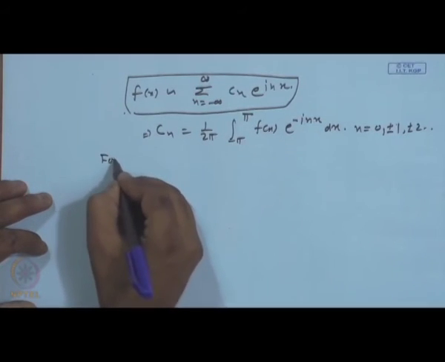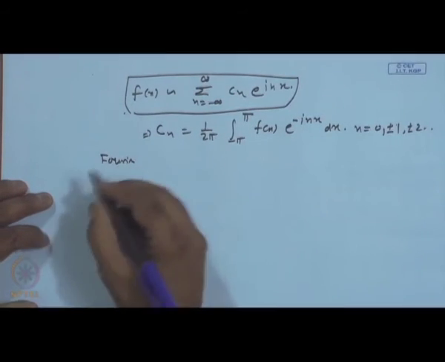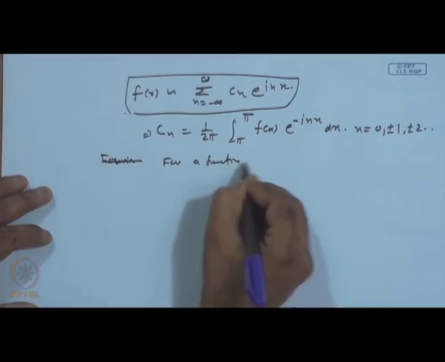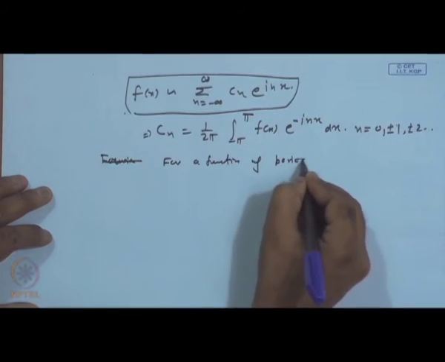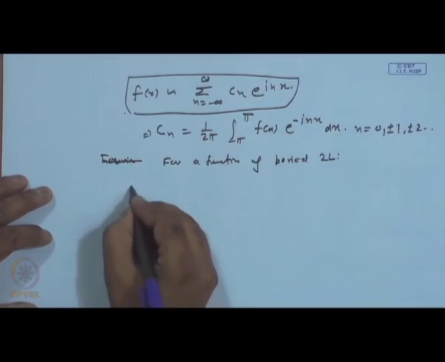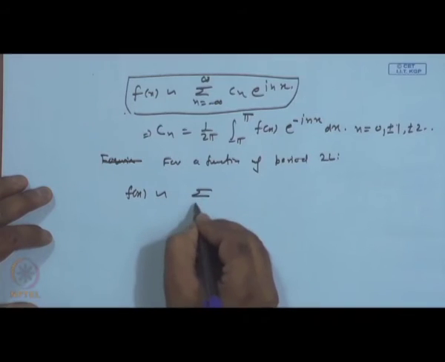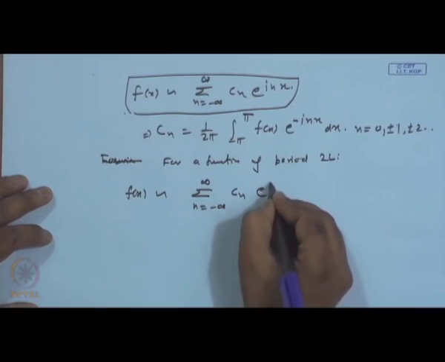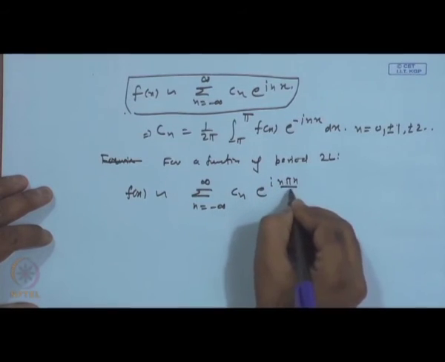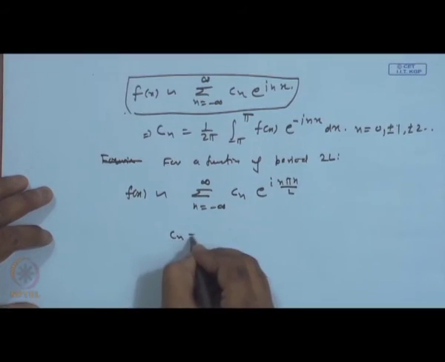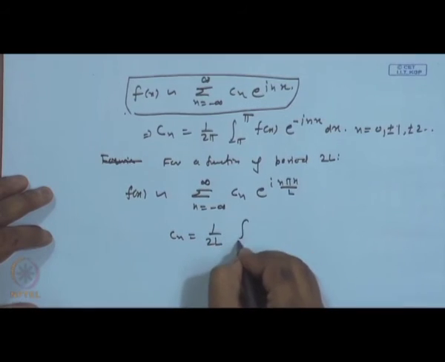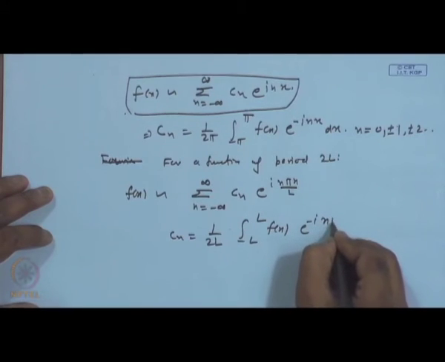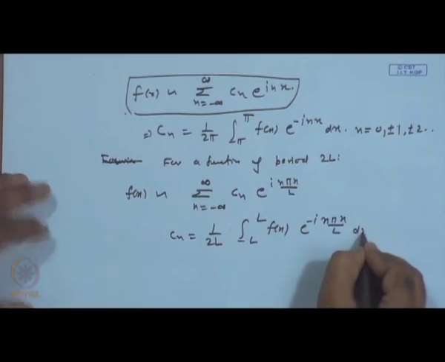So, if we have a function of period 2L, we have f(x) as the sum from minus infinity to plus infinity of C_n e^(i n pi x over L), and where C_n will be 1 over 2L, integral from minus L to L of f(x) e^(-i n pi x over L) dx.